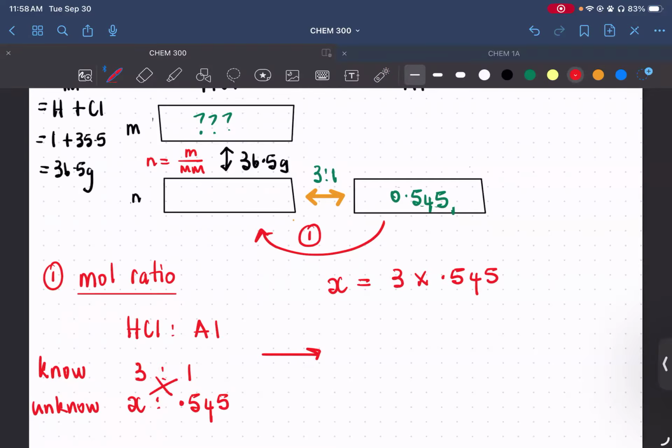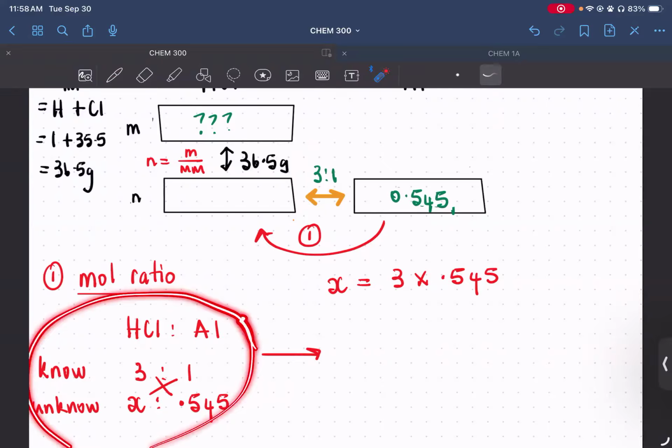This tells us X is equal to 3 times 0.545. All right, now pause. Those of us in here who are math inclined, you may be thinking, Supreet, I didn't really need to write that down. I could have just recognized 1 to 3 and done that. That's fine with me. If you're very comfortable with the math and you can do this in your head, that's fine with me as long as the answer is correct. That's all that matters. But if you are not comfortable with the math, I will always recommend you break it down like this.